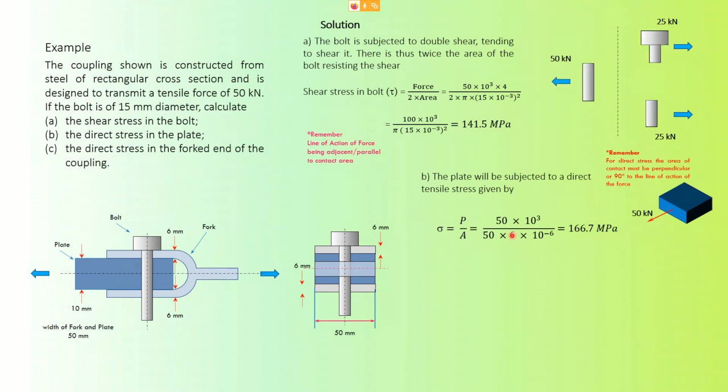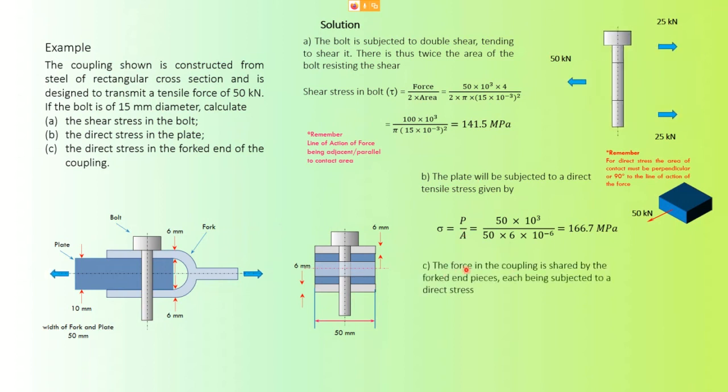Remember, 50 is the 50 mm width. The thickness should be 10 mm here. I put a 6 here because I overlooked this; that is the thickness of the fork. So this value will be different. Please change this to 10, because the thickness is 10 mm here. So that is part B.